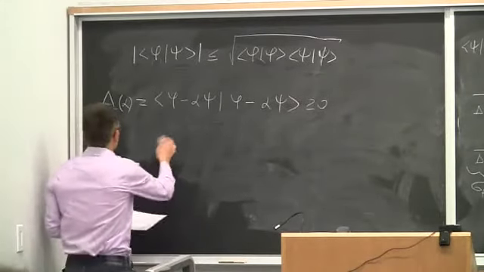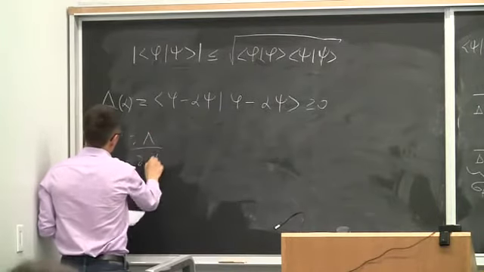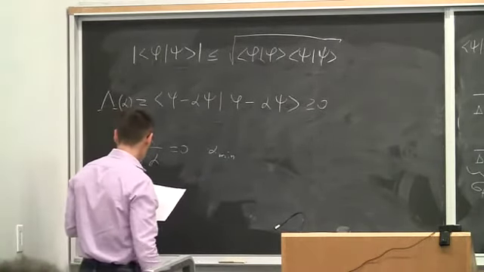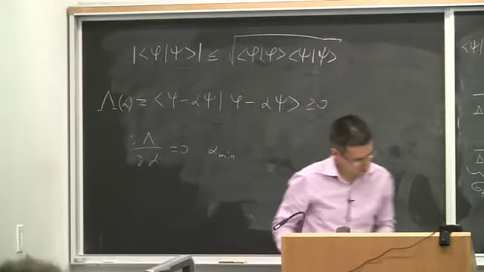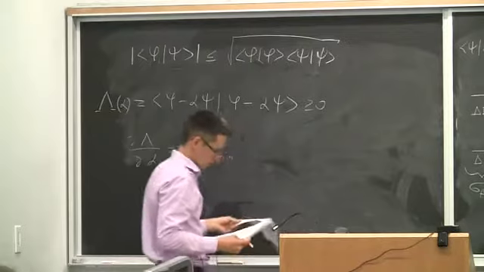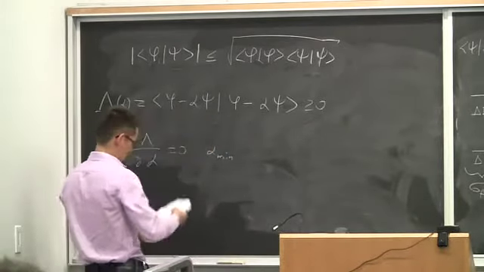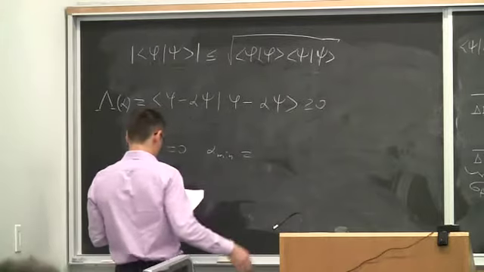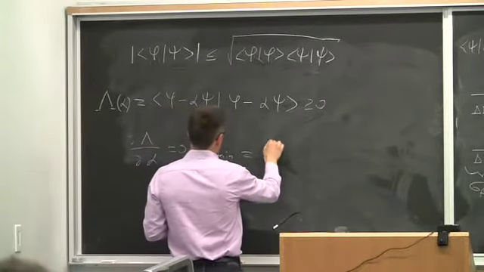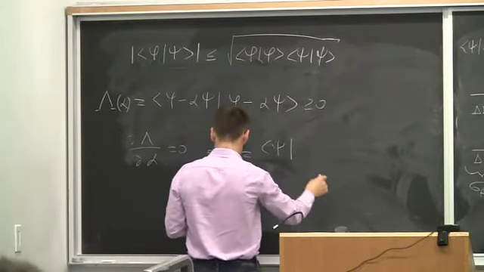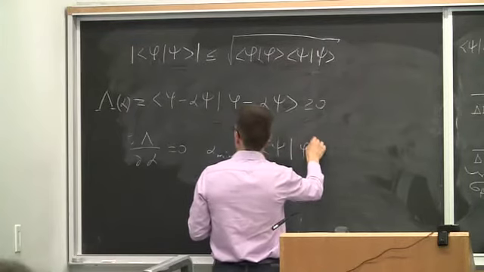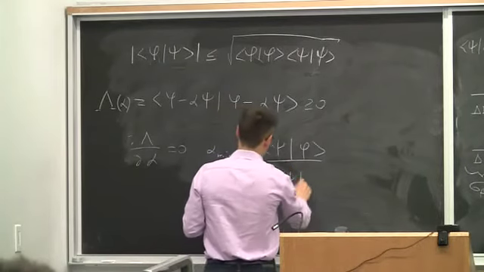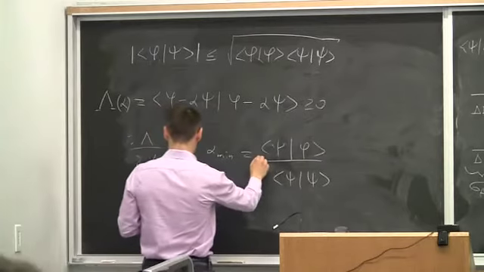And then we differentiate lambda with respect to alpha, find alpha minimum, and that alpha minimum will be essentially psi phi divided by psi psi, with positive.